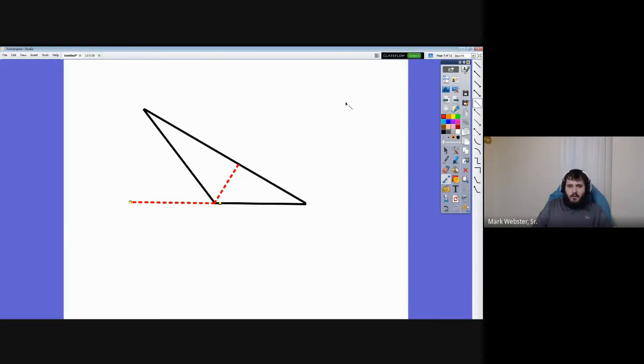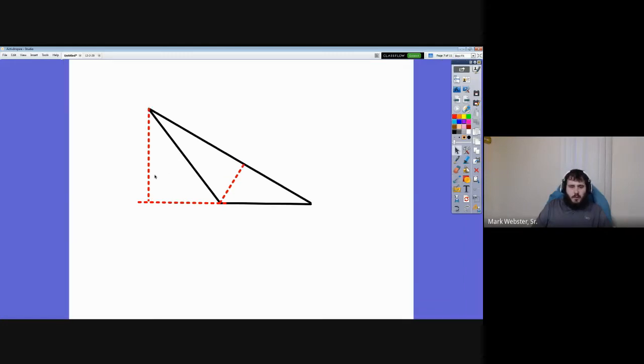Well, now I can drop a perpendicular straight down like this. So the altitude for this one is going to be here. The altitude for this corner to this side is actually secretly going to be out here. And that's fine. It doesn't actually matter where it is. You just got to be sort of aware of that.